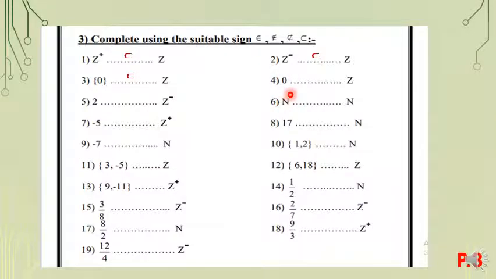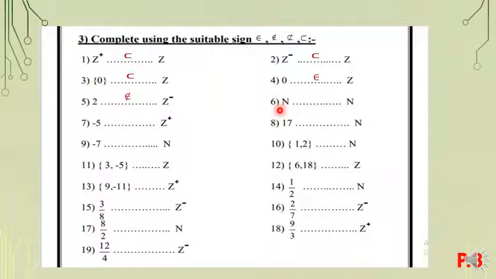When we want to represent the relation between an element and a set, we are going to use belong or doesn't belong. Do we have 0 inside Z? Yes, we have. So it will be belong. 2, element, Z negative. Do we have here negative? No, we don't. So 2 doesn't belong to Z negative.